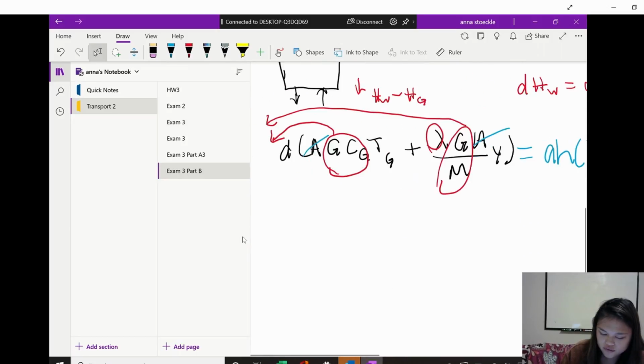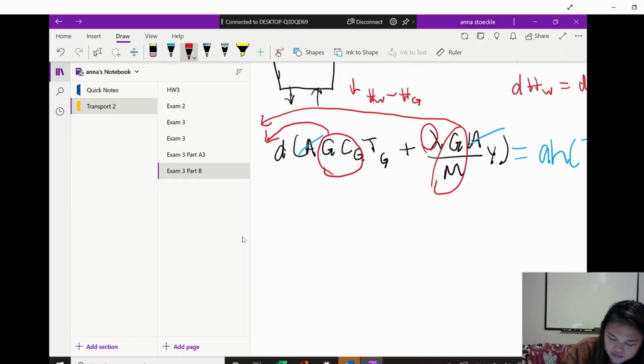So we're left with the gas flow rate multiplied by the heat capacity of the gas multiplied by that difference in the temperature of the gas over distance.